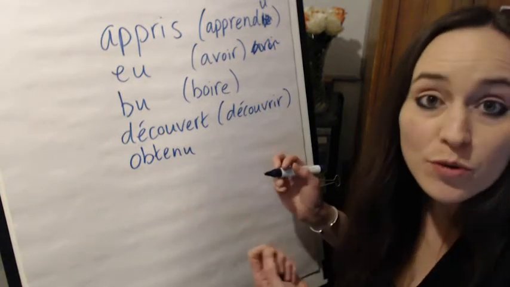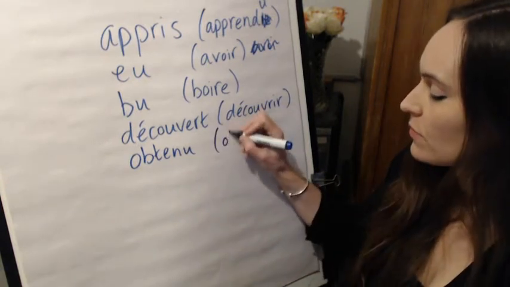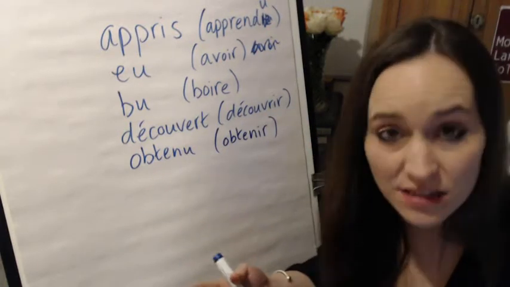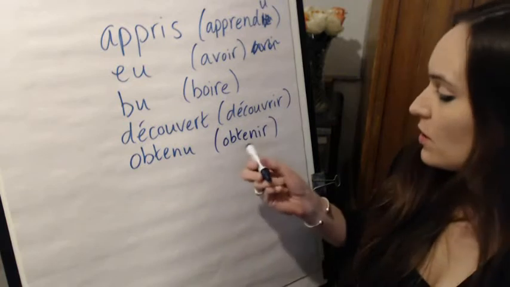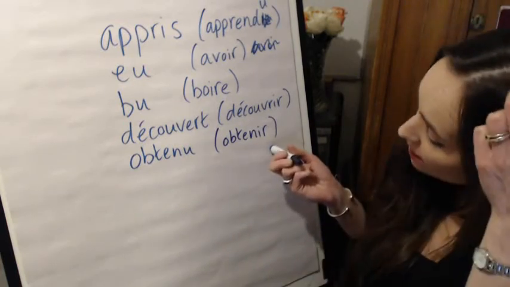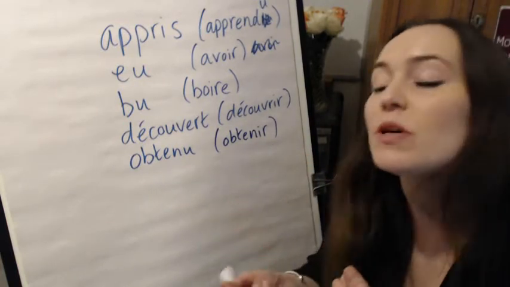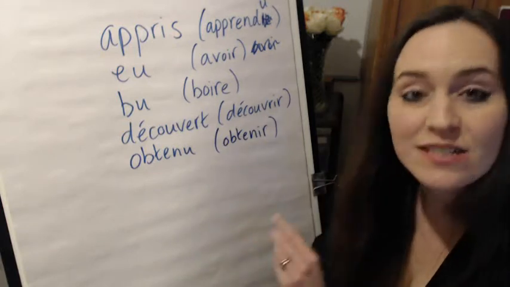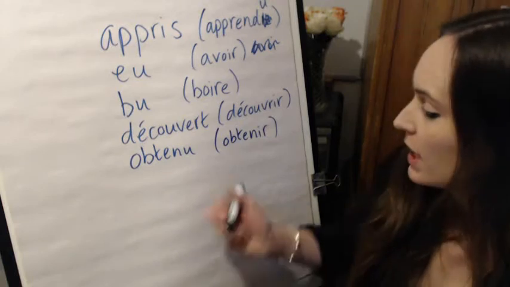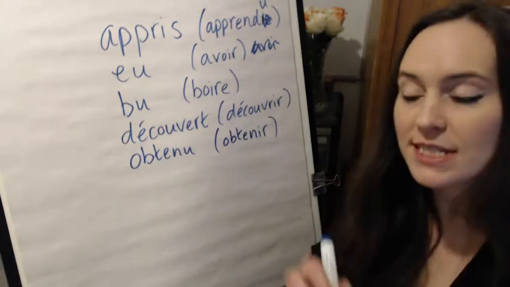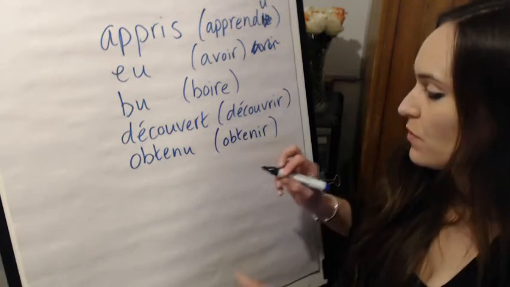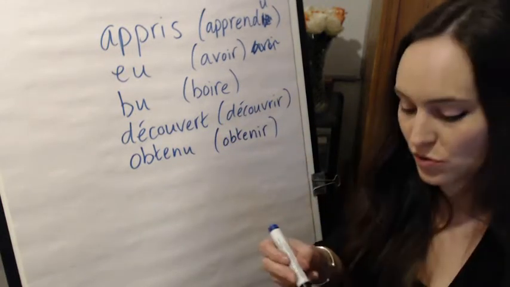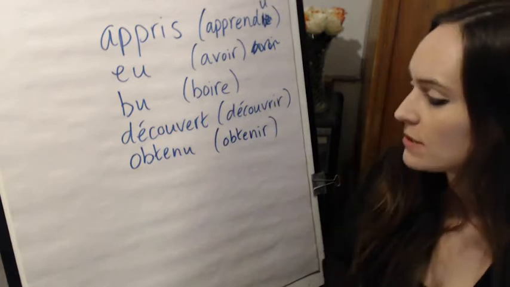Obtenu comes from the verb obtenir, to obtain or to get something. So it's an IR verb. You might think, if you knew the verb, that it would end in an I, but in fact it's a U. And I put a little asterisk by that because it's similar to the verb tenir, which means to hold or to keep, depending on the context.